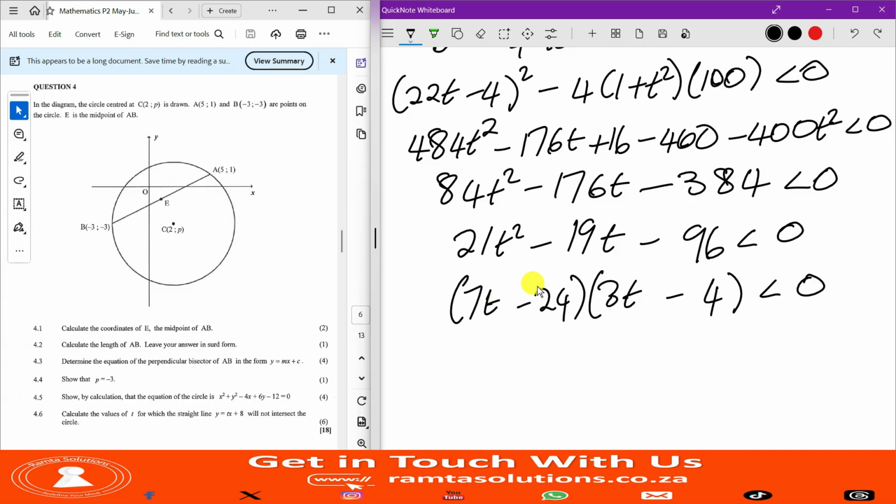Which one is bigger? This one is bigger, so it will be negative. This is smaller, so it must be positive. Cool. Now the critical values are minus 4 over 3 and 24 over 7.